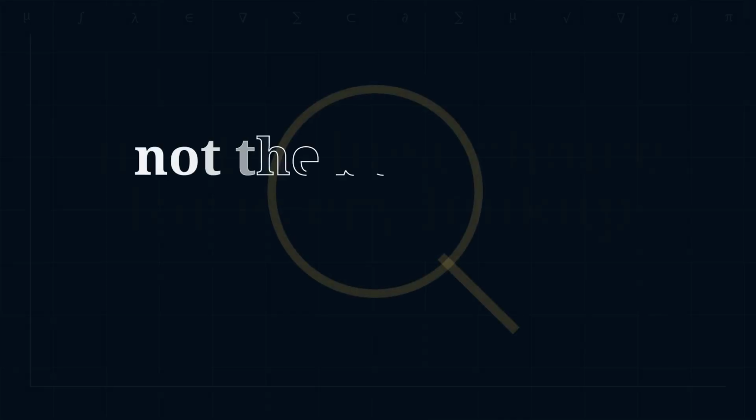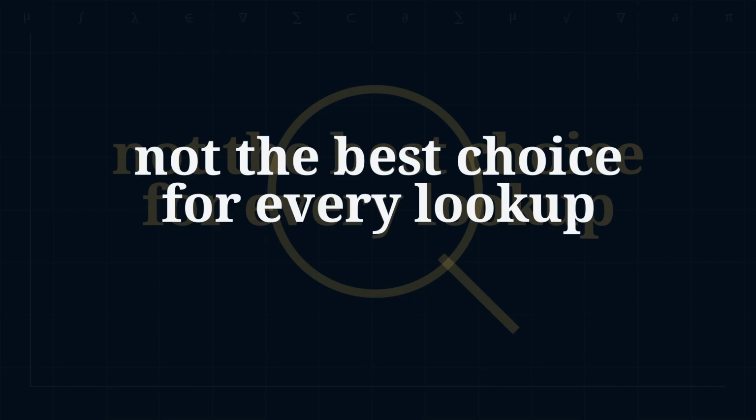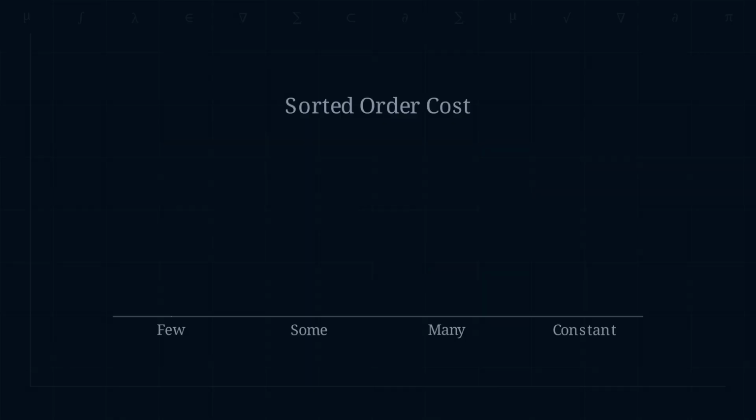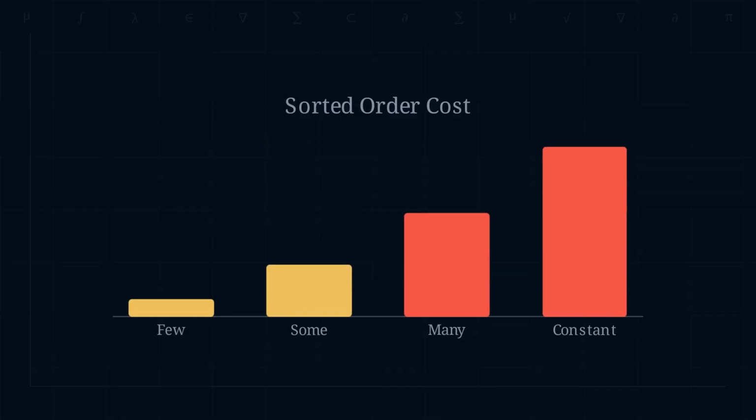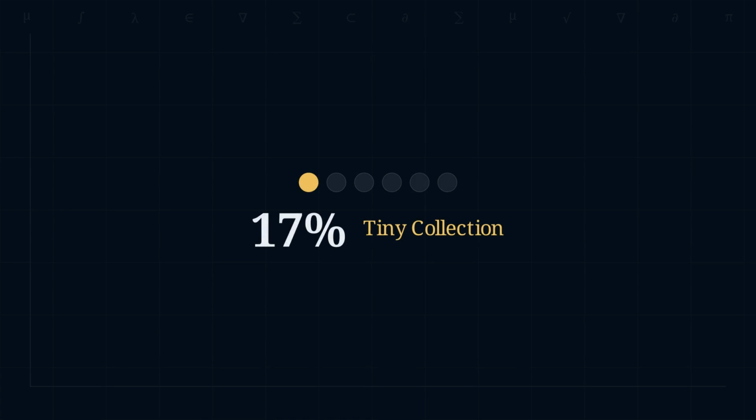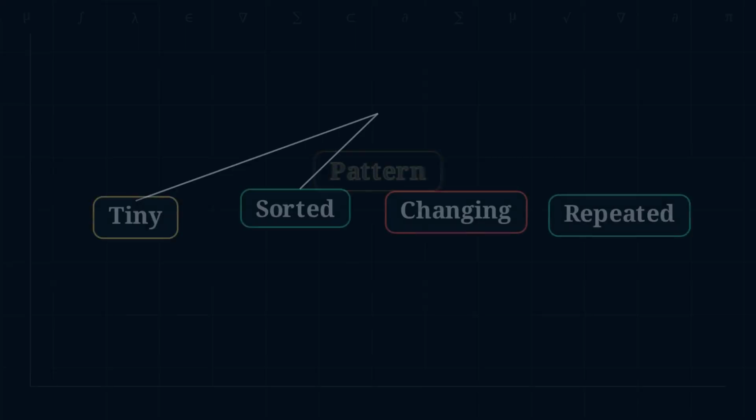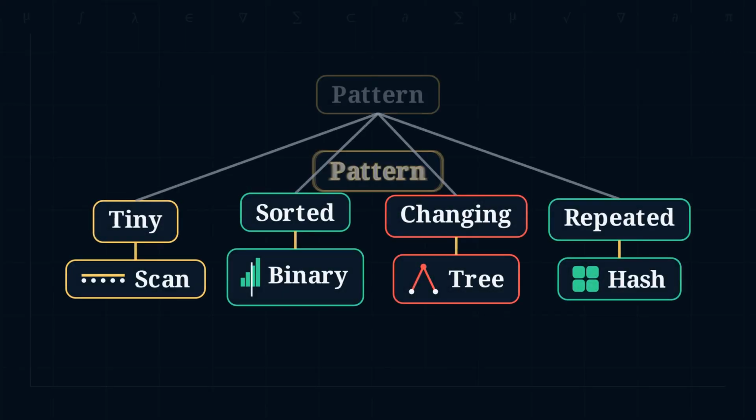This also explains why binary search is not automatically the best choice for every lookup. Sorted order has to come from somewhere, and maintaining that order can have a cost when data changes constantly. If you only search a tiny collection once, a simple scan may be easier and perfectly adequate. Algorithm choice depends on the full pattern of work, not on choosing the method with the fanciest complexity label.